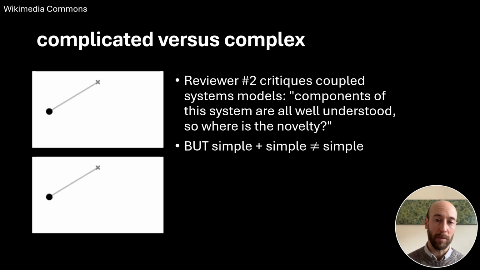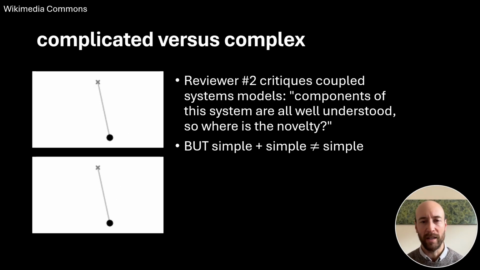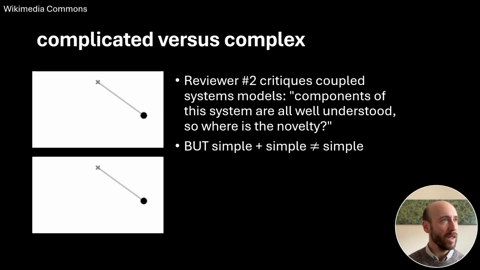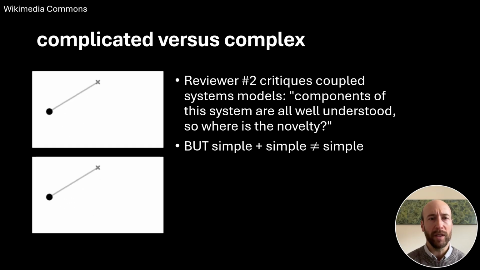So reviewer number 2, and this is something that I've gotten back. Reviewer number 2, by the way, is always the cranky one. This is feedback that I've received before. So an easy critique of a coupled system model would be that the components of this system are all very well understood. So where is the novelty?